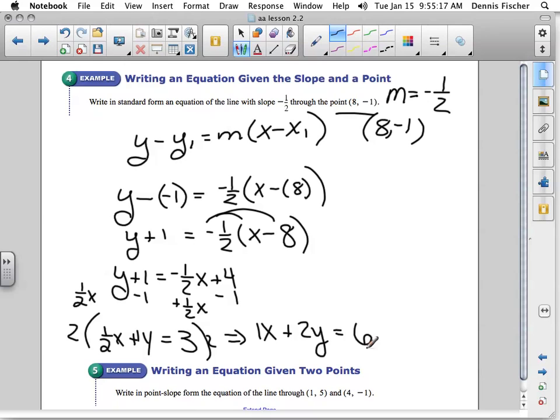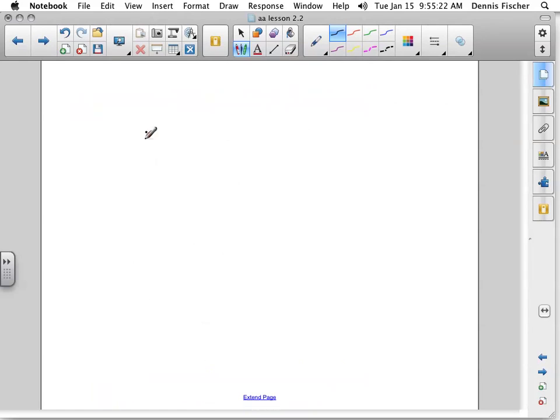Now I want to just go off on a tangent for a second here. I want to talk about multiplying by a common denominator. Let's say I have this equation, and I'm going to change this number to 4 instead.